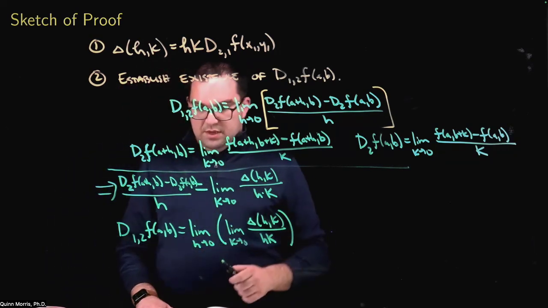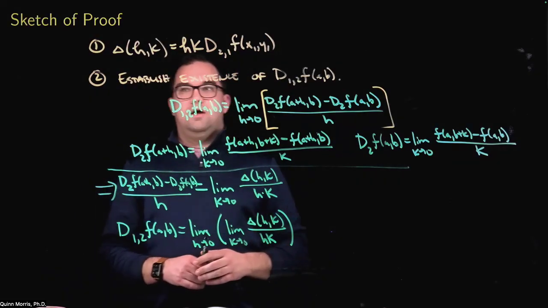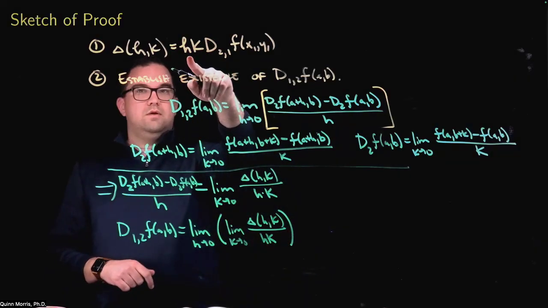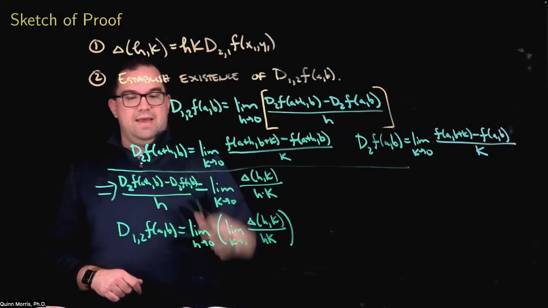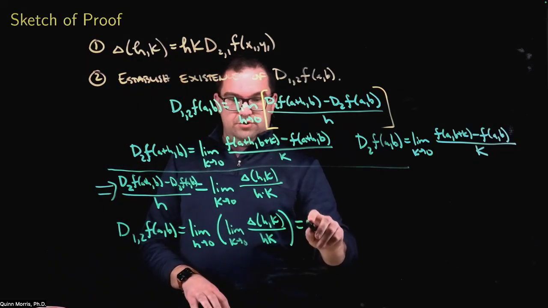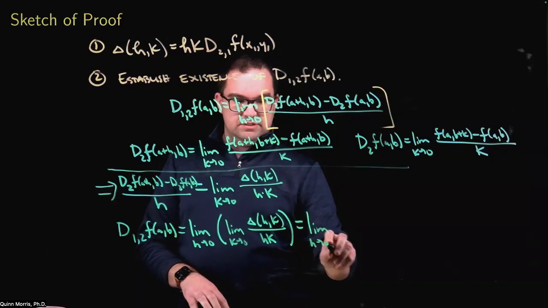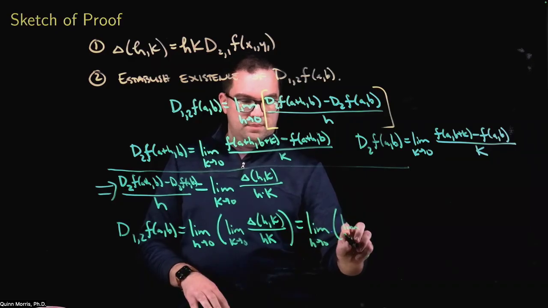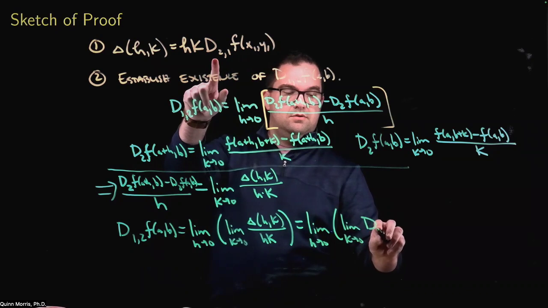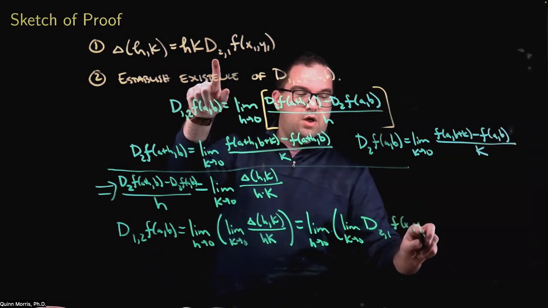Now, when you start to look at this, you're tempted to say that delta HK divided by HK is equal to the limit as H goes to 0 of the limit as K goes to 0 of D21 F of X1, Y1.